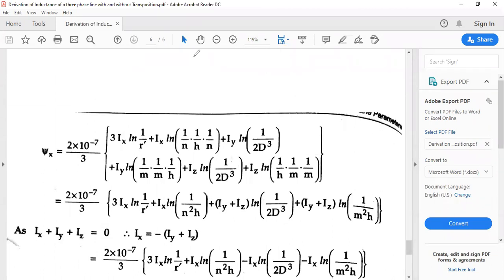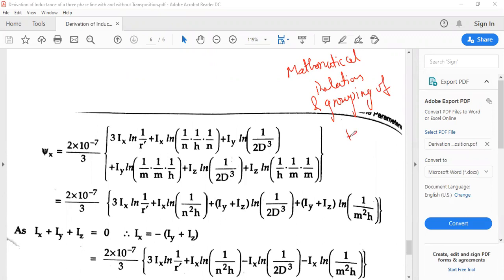Let me just run through it quickly to see if you understand by mathematical relations and grouping of terms and simple logarithm formulae.